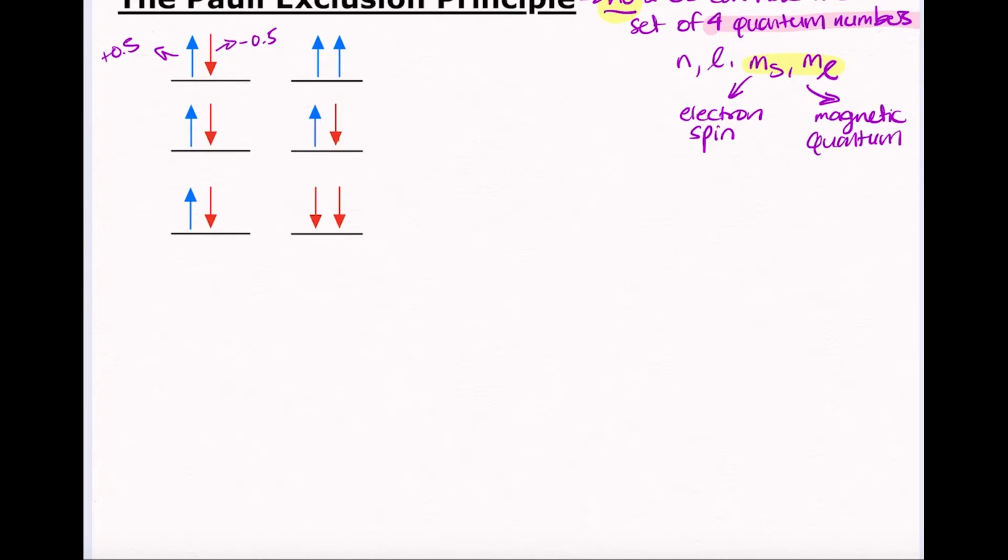So this is the value that ms represents, from plus 0.5 to minus 0.5 for these electrons here.